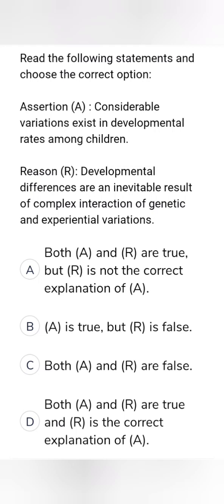Option number A, both A and R are true, but R is not the correct explanation of A. Option number B, A is true, but R is false. Option number C, both A and R are false. Option number D, both A and R are true and R is the correct explanation of A. Option number D is right. Both A and R are true and R is the correct explanation of A.